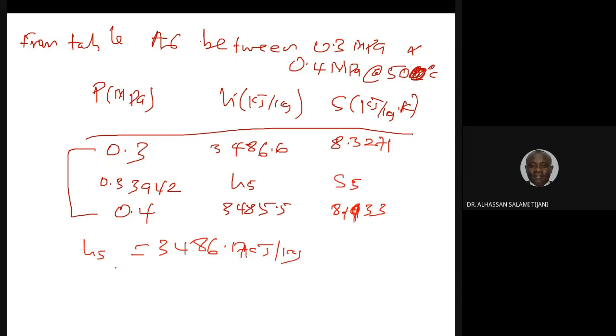And then the entropy, S5, gives 8.2744 kilojoules per kilogram per Kelvin. So just a shortcut from the interpolation, this is the result. Now state 6, that's the last one.